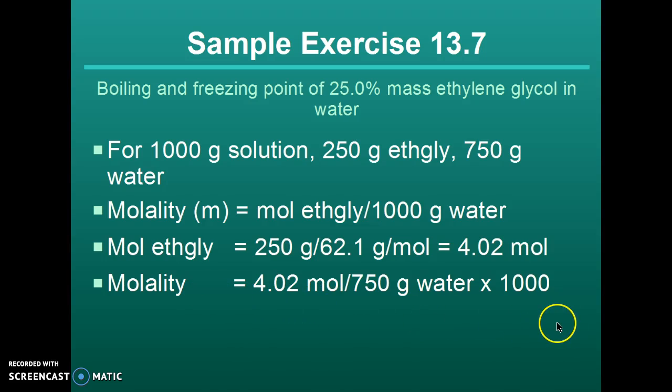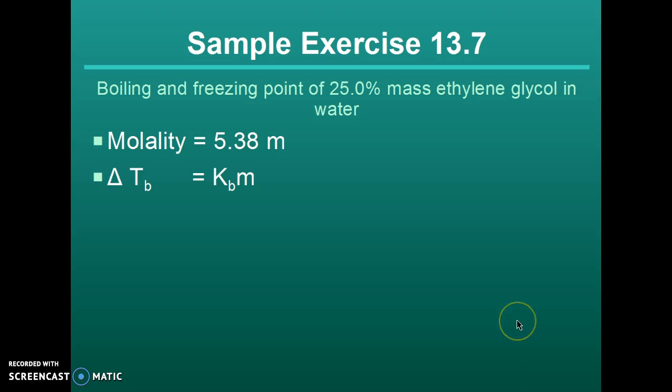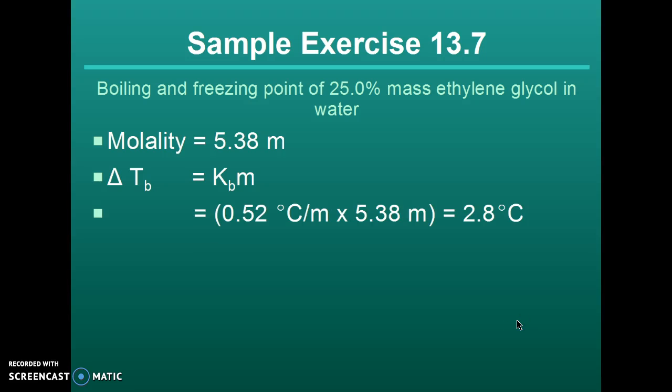The molality then is 4.02 moles over 750 grams of water times 1,000, 5.38 molal. We put that into the boiling point elevation expression, and we get 2.8 degrees.